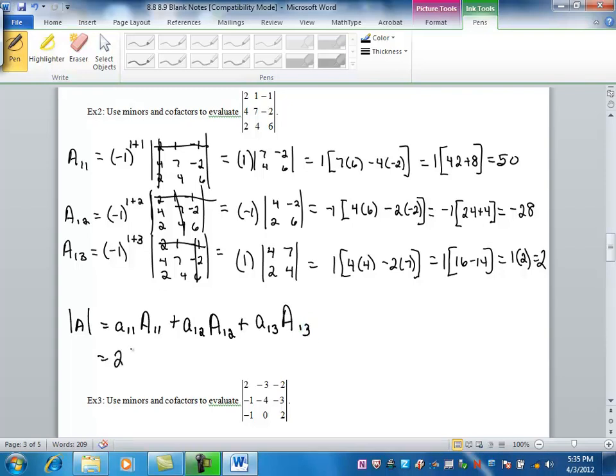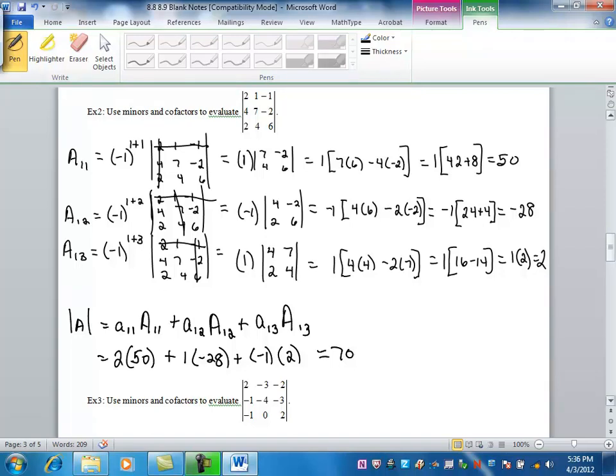And so we've got 2 from row 1, column 1 times a cofactor of 50, plus 1 times that particular cofactor, which is negative 28, plus row 1, column 3, which is negative 1, and that particular cofactor is 2. And so my sum here, which is my determinant, is 70. So there's my determinant of a 3 by 3 matrix.